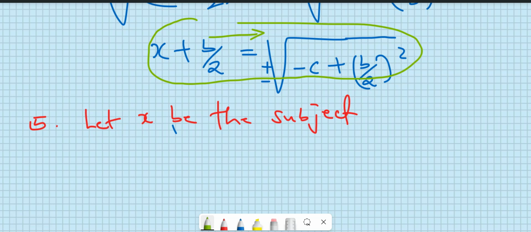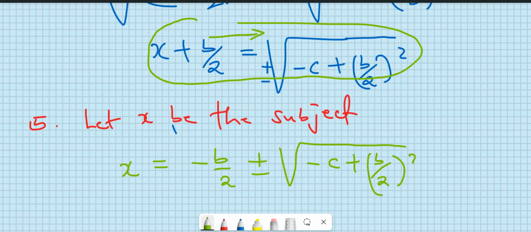So this means that now x becomes negative b over 2, then plus or minus square root of negative c plus b over 2 squared. Simple. So this is how you get x in complete square method.